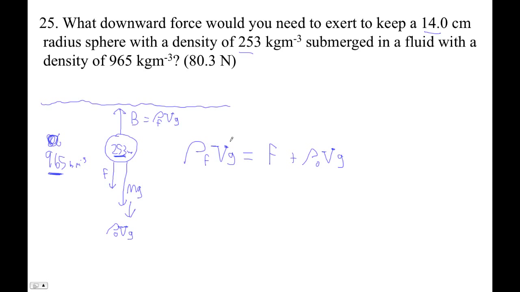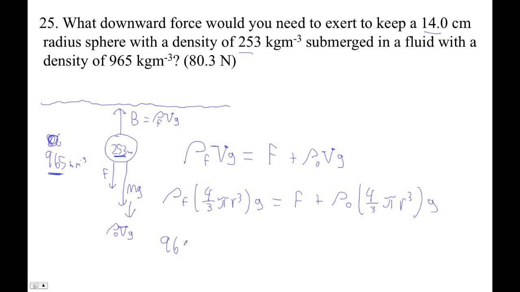Now this is a sphere, so of course the volume is 4/3 pi r cubed, right? So density of the fluid times 4/3 pi r cubed times g is some force plus density of the object times 4/3 pi r cubed times g, right? And now we just plug in the numbers, right?